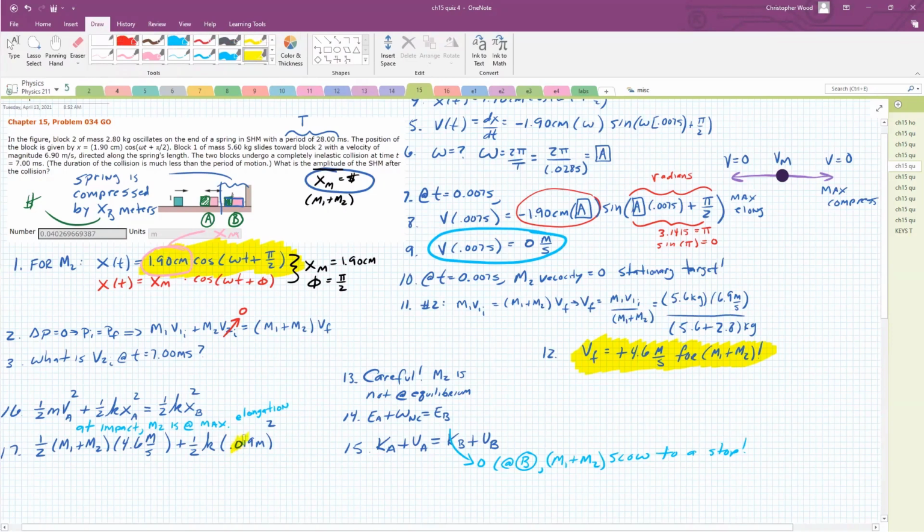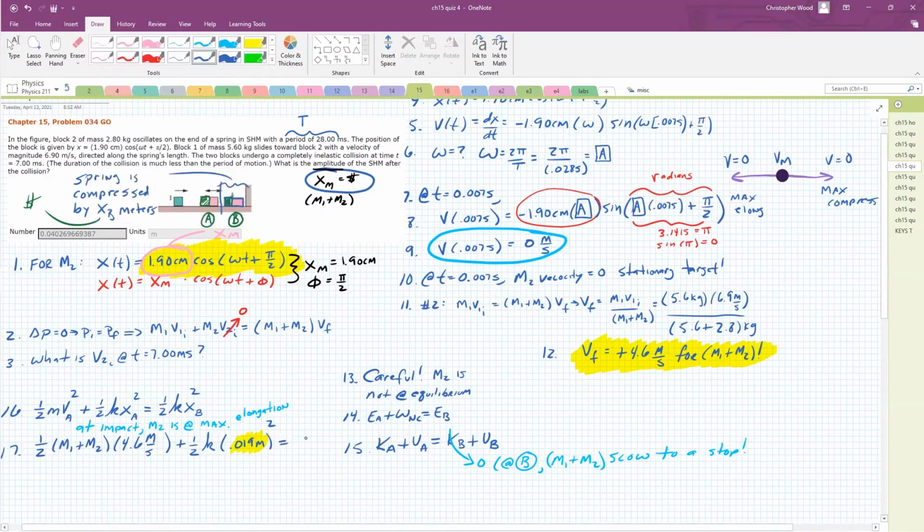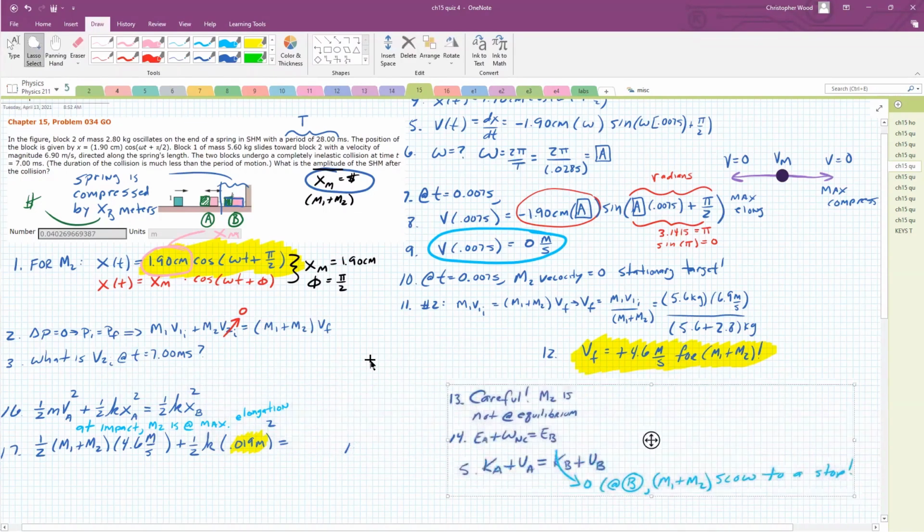This number is the amount of spring stretch at that particular moment when M1 collides with M2. That's the left side. The right side is equal to 1/2 k x squared.